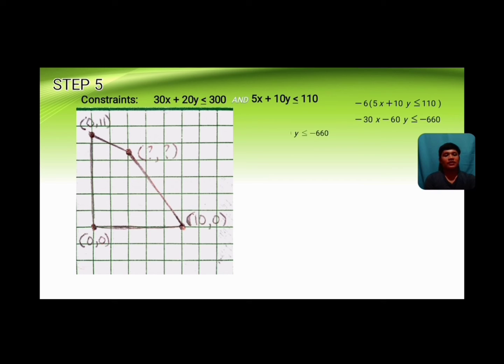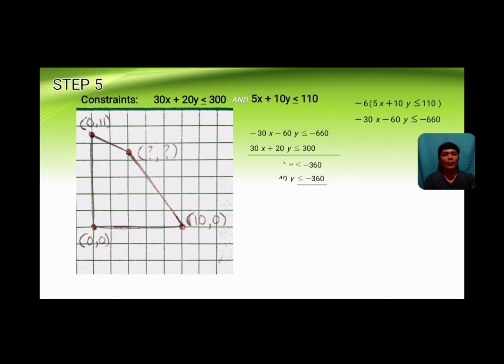So let's solve this. We add the two constraints: -30x - 60y ≤ -660 plus 30x + 20y ≤ 300.